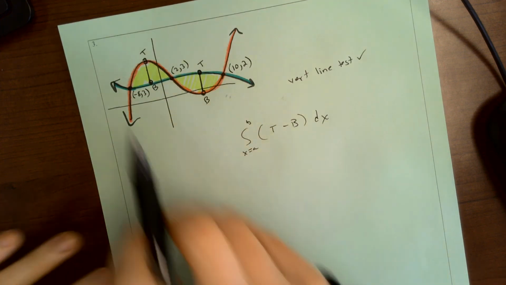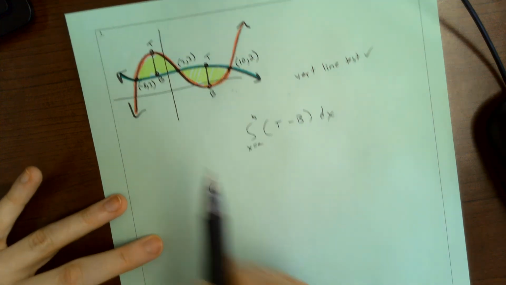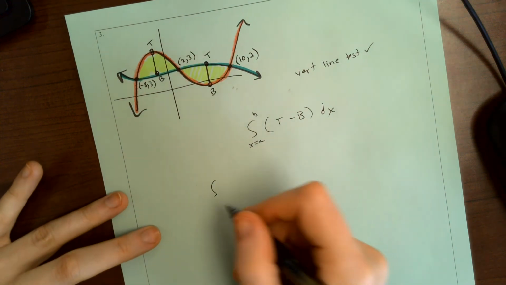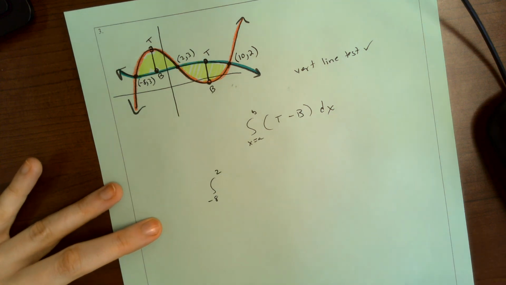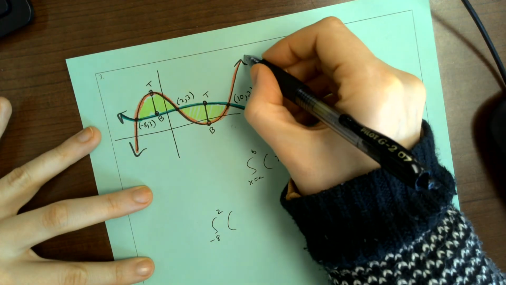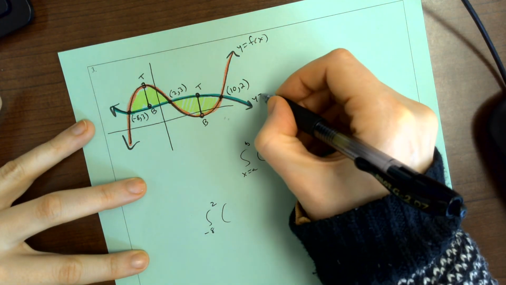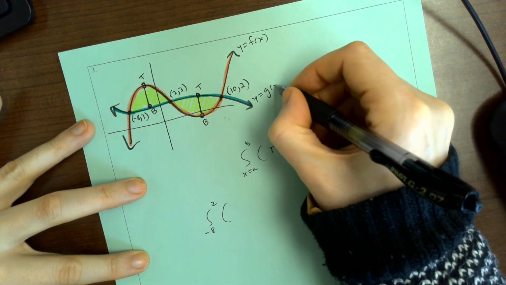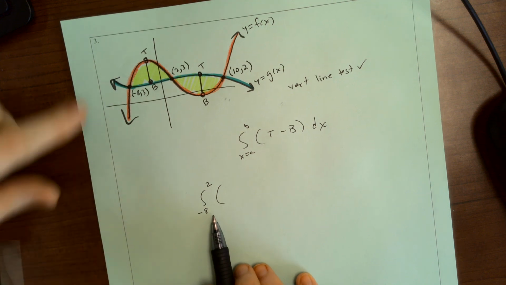Okay, so for the first region, the leftmost x is -8, up to 2, because that's the rightmost x. Oh, I forgot to label. Okay, so this is y equals f of x, and then y equals g of x. Okay, so top minus bottom.